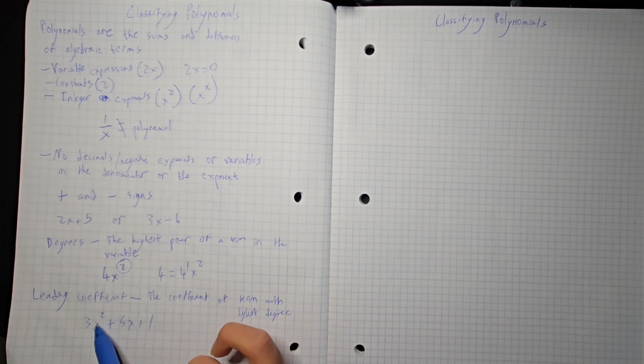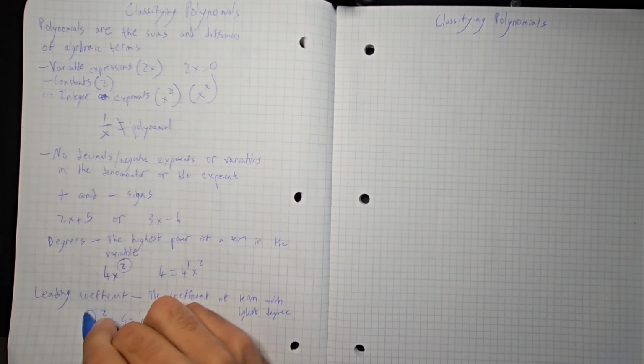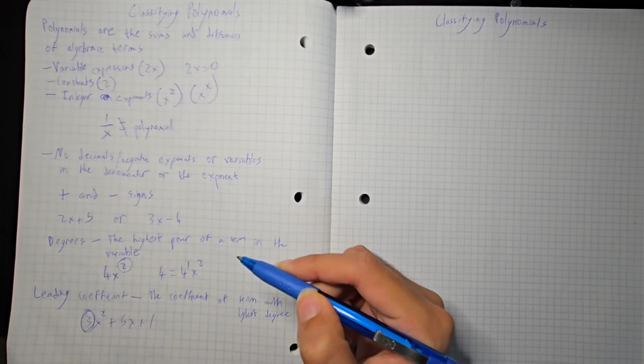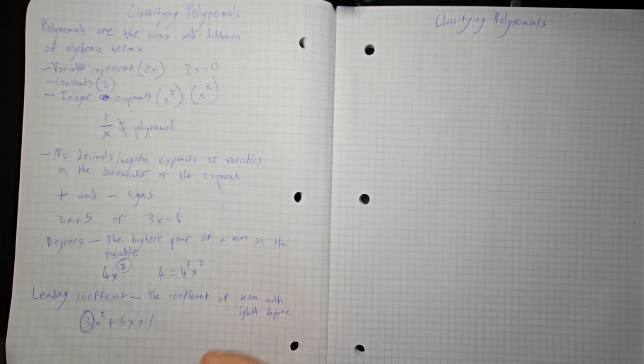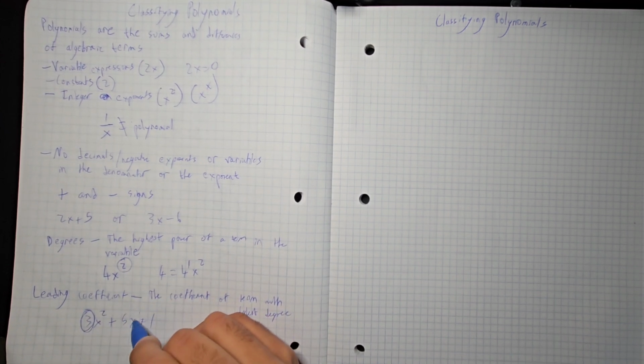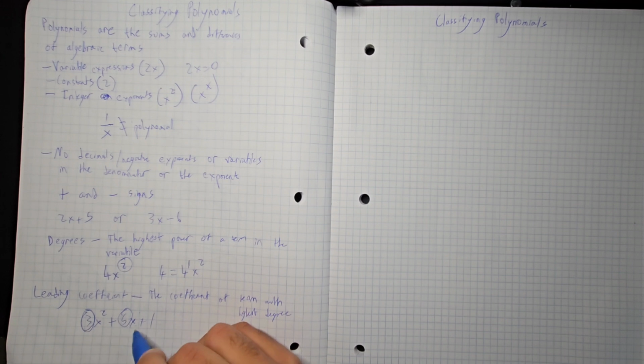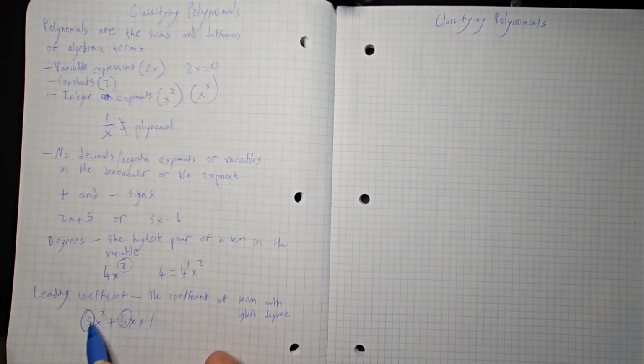So then this would be x squared, and the coefficient is the constant in front of the variable. That means 3 would be the leading coefficient here, because it's the coefficient of the term with the highest degree. So coefficient always means just the constant in front of the variable. So 5x, the coefficient is 5. But in this case, the leading one is 3.